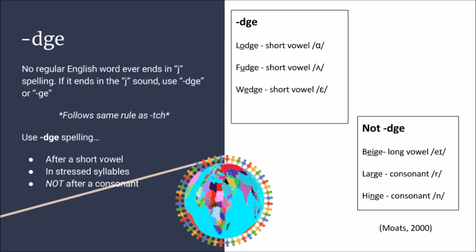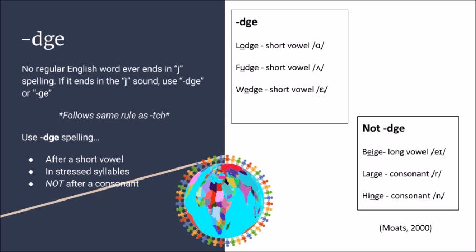Here are some examples. Look at the word lodge. Lodge has the short vowel O immediately before J, so we end that word in DGE. The same is true with fudge and wedge. They have short vowels immediately before J, so the spelling is DGE. Then look down at the word beige.